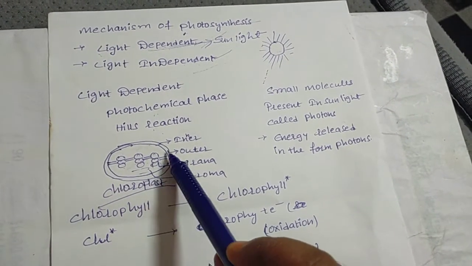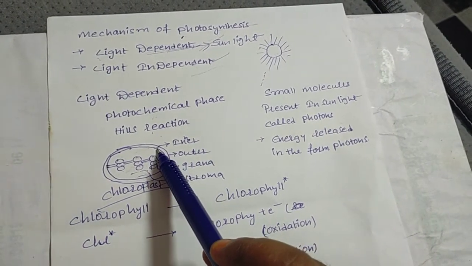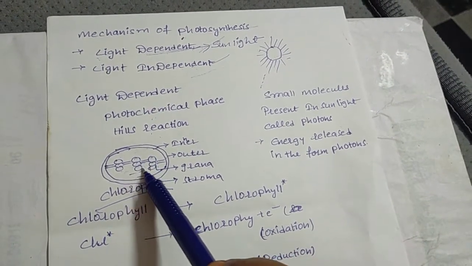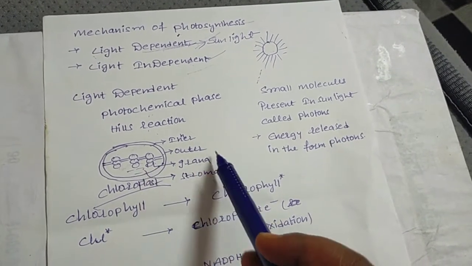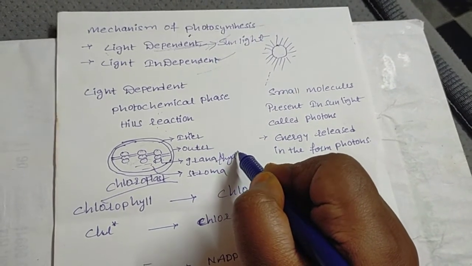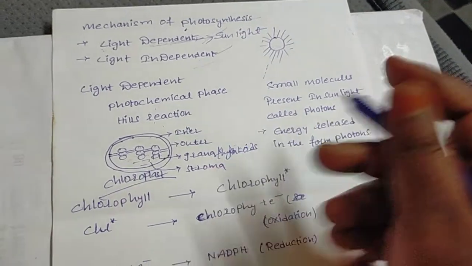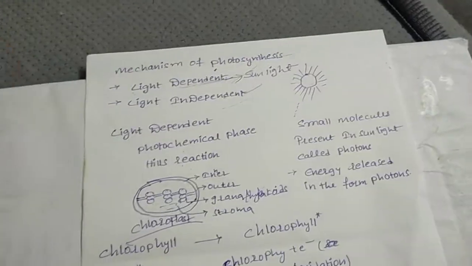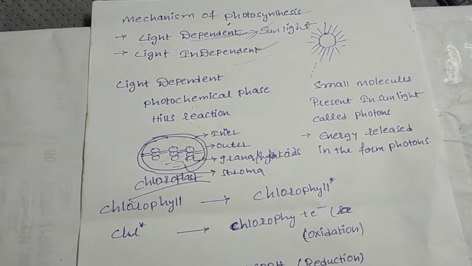Chloroplast has an inner membrane, an outer membrane, and inside the chloroplast the membrane structures are present. These are grana thylakoids. This light dependent reaction takes place in the grana thylakoids.